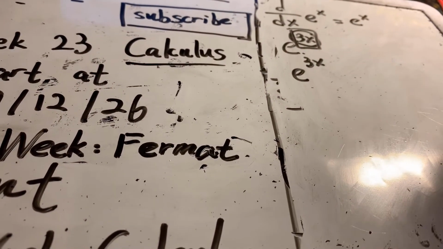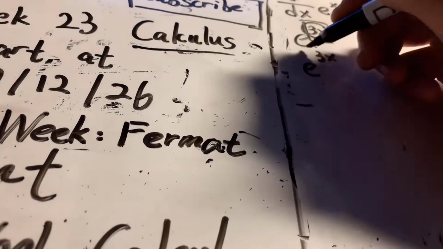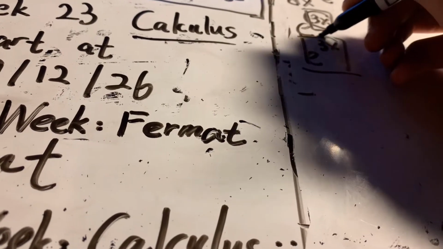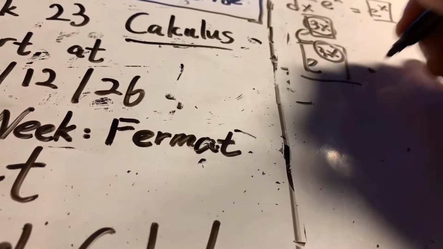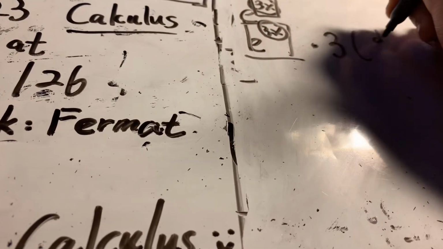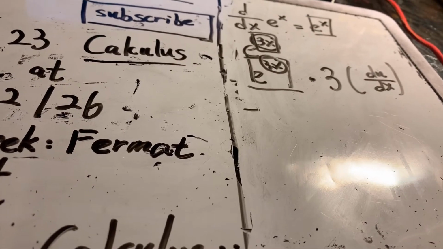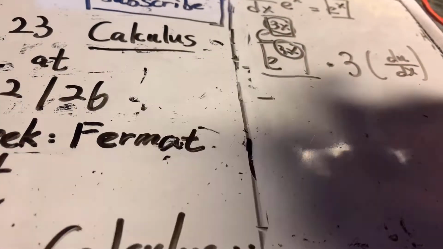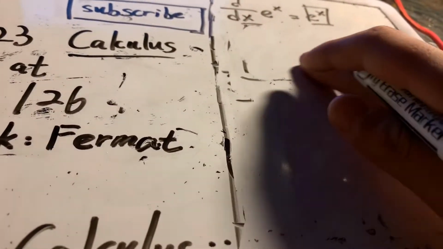The derivative of it is this, but you need to take this out and multiply by the derivative of the exponent, du over dx. So this is the chain rule if it's not clear.